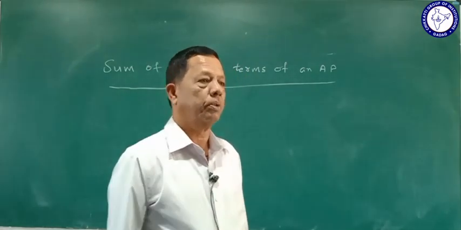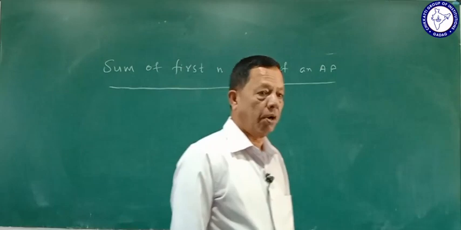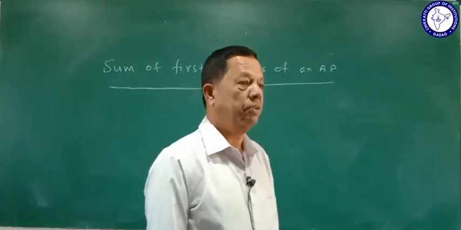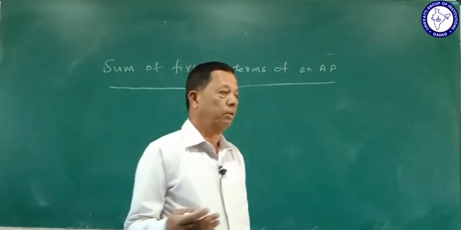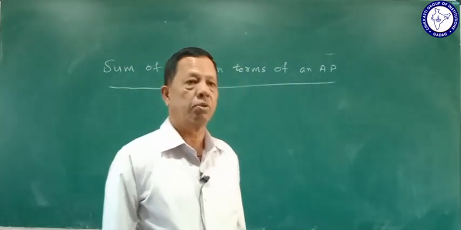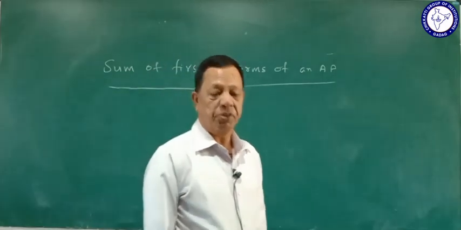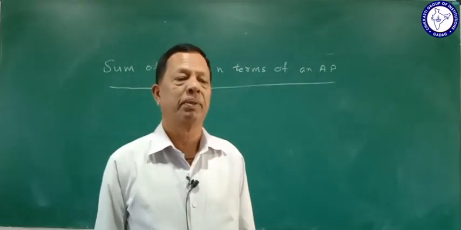The mathematician Gauss, when he was 10 years old, was asked to solve one problem.